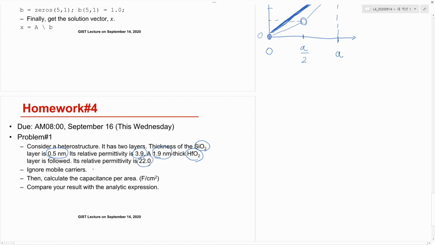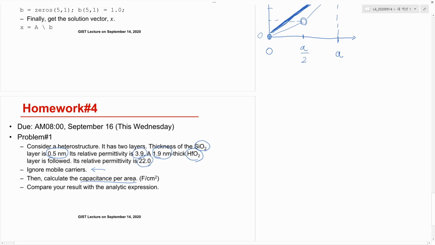So please neglect mobile carriers. We have not discussed it in the lecture, so simply neglect it, and please try to calculate the capacitance per area.